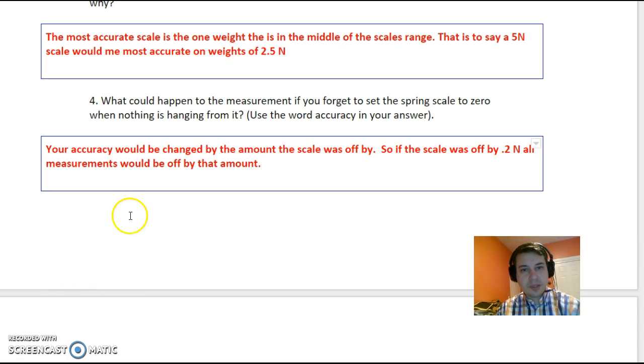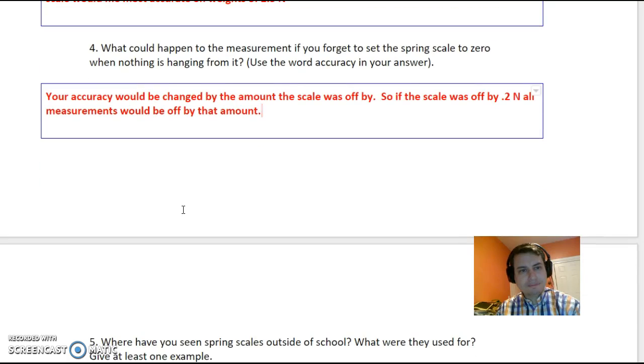What would happen if you didn't set your spring scale to 0 when you started the lab? In that case, your accuracy is going to be off. Let's take, for example, if it was off by 0.2 newtons, about 2 lines off.